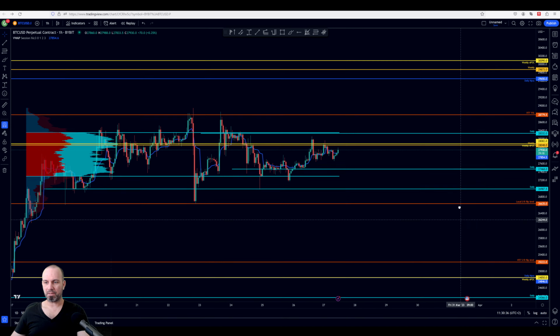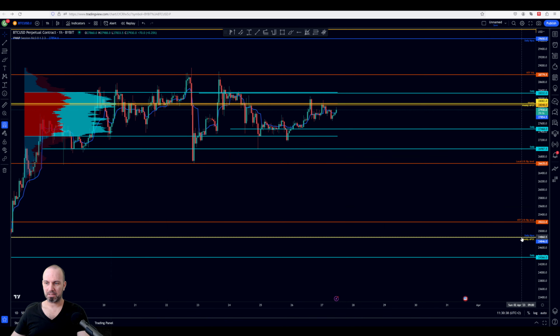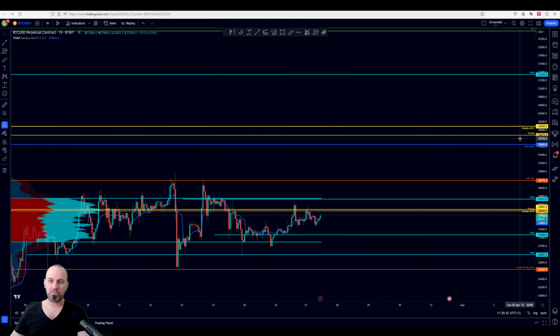So I was talking about these two levels, naked point of control to the downside, and also we do have two naked points of control to the upside, right? So we can see that in this area we do have an untapped weekly level 29,873, right? Also a weekly naked point of control 30,090 and a daily naked point of control 29,650.